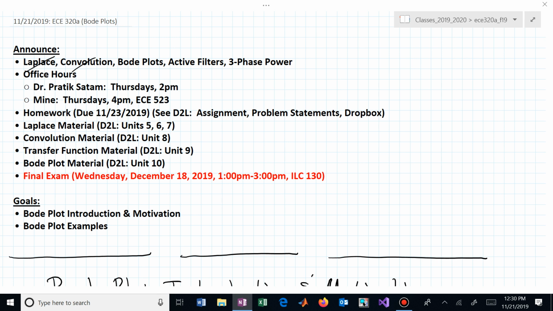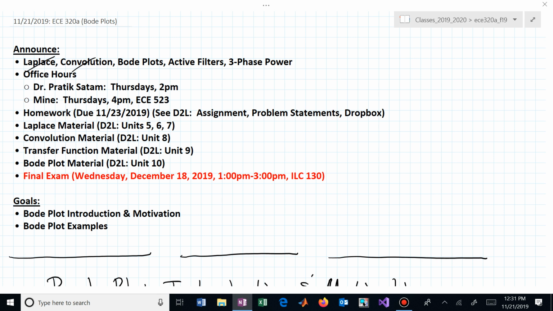Unit 9 is sort of matching a lot of these concepts together, or pairing these concepts together. After today's class, I think 9 will make more sense, and today's class is dealing with Unit 10 material, which is Bode plot material.